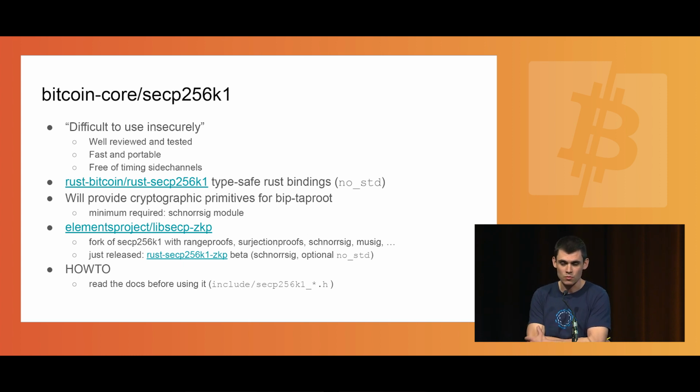This beta version right now only supports Schnorr signatures, nothing more, but we're going to change that in the future. In general, if you want to use this library, the first thing you need to do is to read the documentation. The documentation is in the include directory in all of these C libraries. But I'm going to talk about some of the pitfalls when using these libraries in a moment.